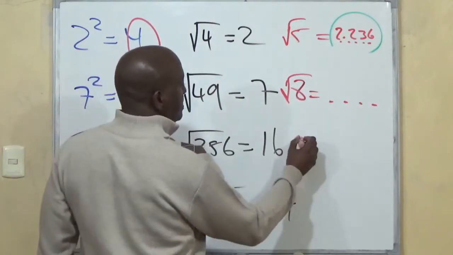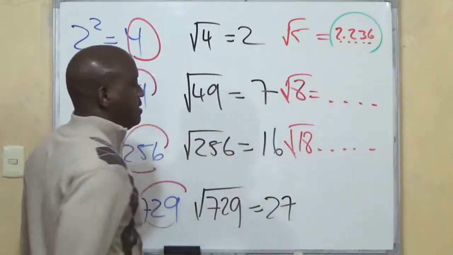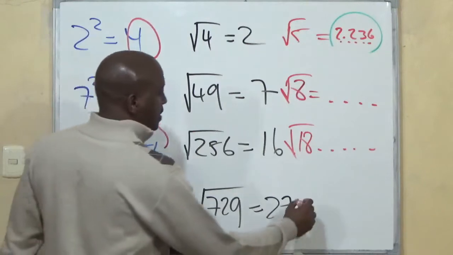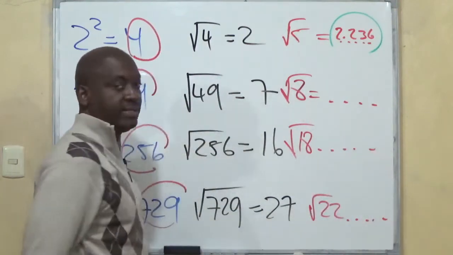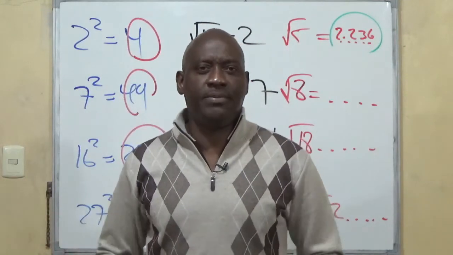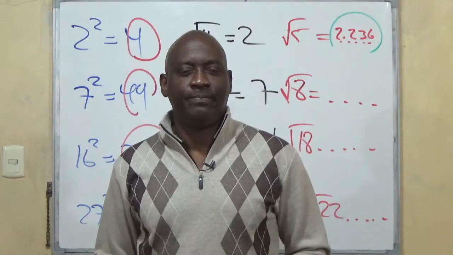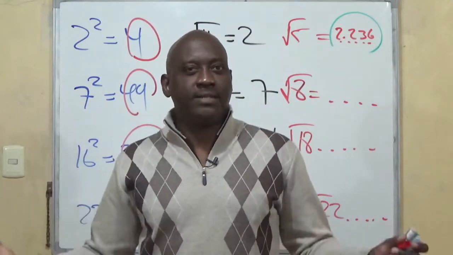The square root of, let me say, 18 is a surd. Let me say the square root of 22 is a surd too. So for any number that is not a perfect square, the square root of that number is a surd.